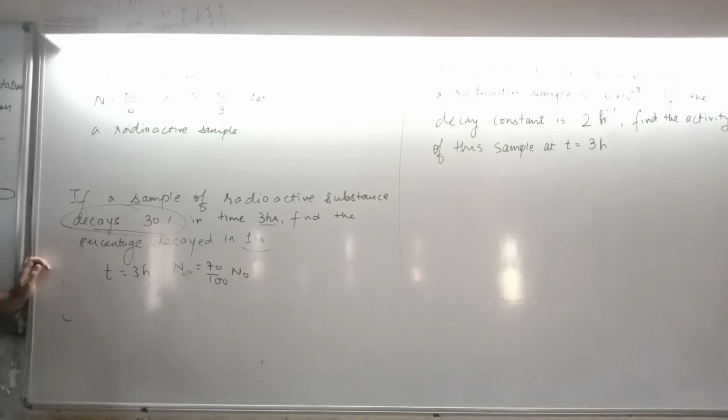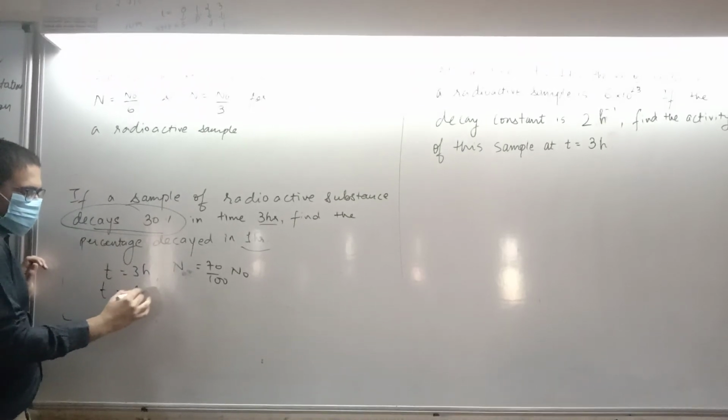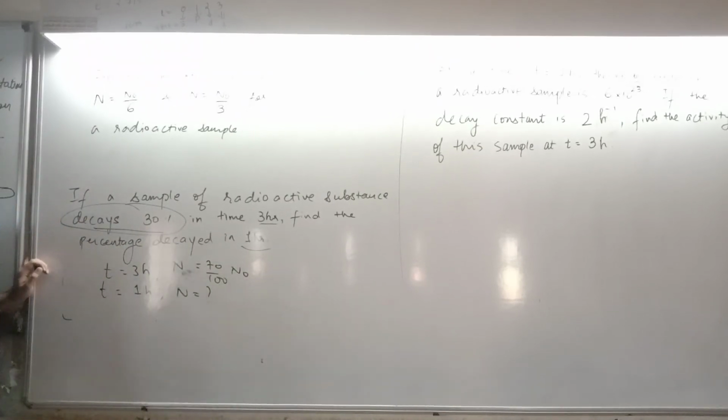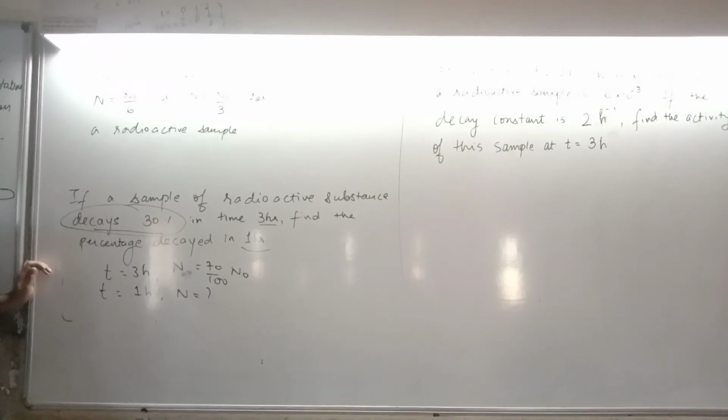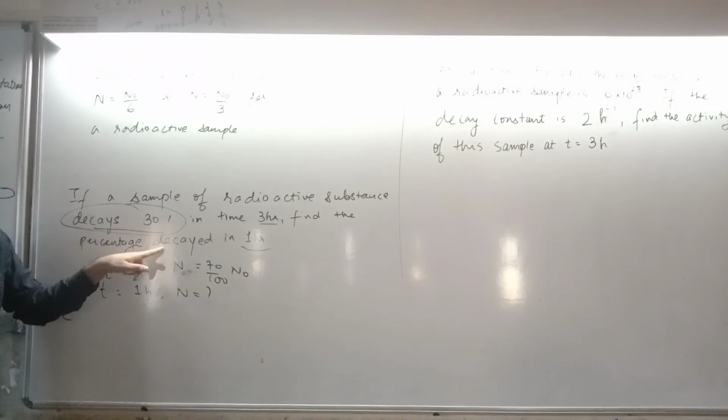Now the question is, what is n if t is 1? We have to find n undecayed, and from that find decayed and subtract.